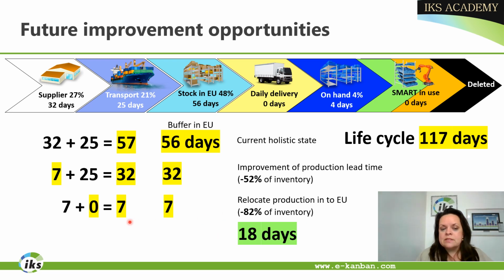So I have 7 days of production time inventory. I have 7 days of buffer of finished goods at the supplier, and I can reduce this inventory by 82%. And the life cycle with this change will reduce to 18 days. So I have really increased the velocity of the goods, the velocity of the money. I can collect the profit faster, and this is the aim, this is the strategy.